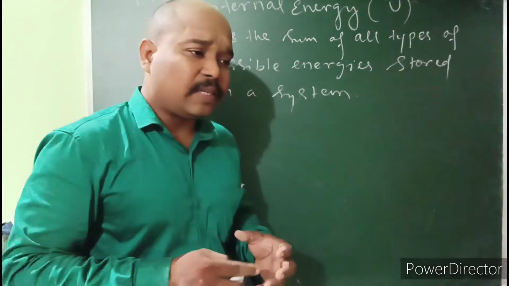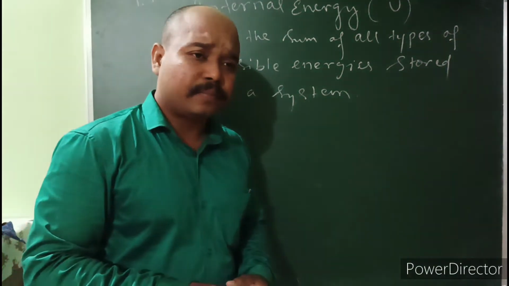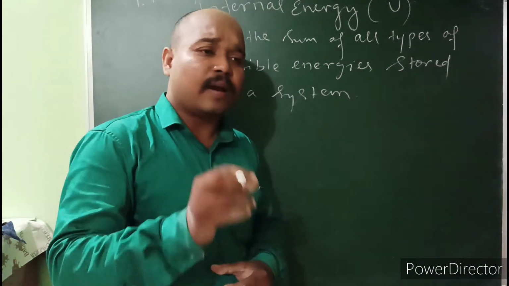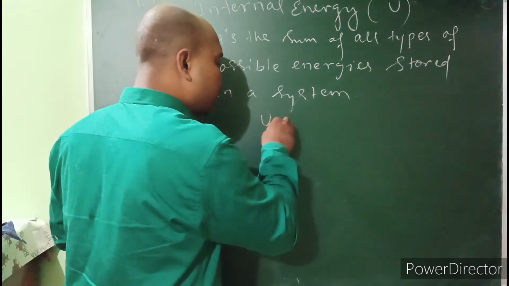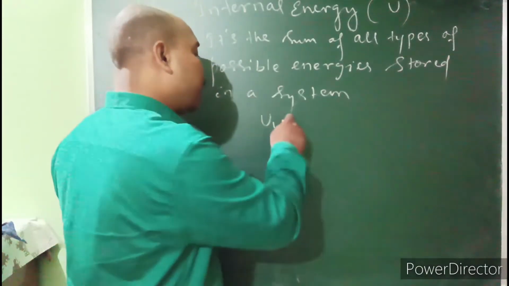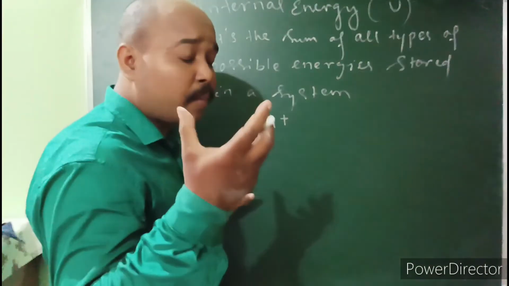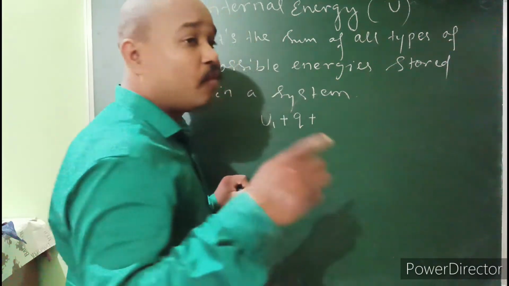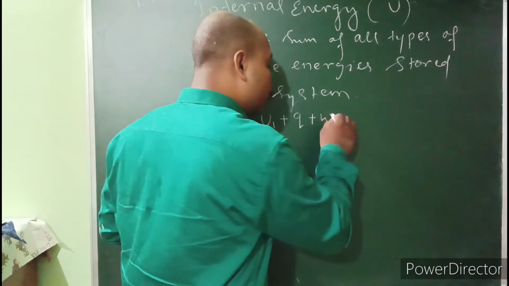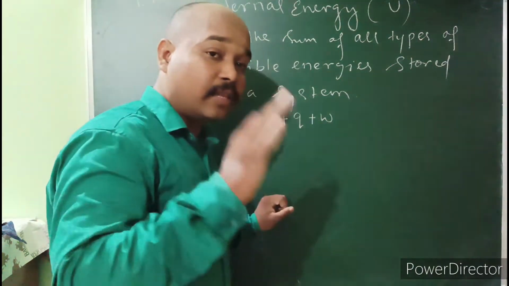Now let us consider a system that contains initial energy, the internal energy U1, and it absorbs some amount of heat energy Q to do some work, that is W, as it is all going on in the system.